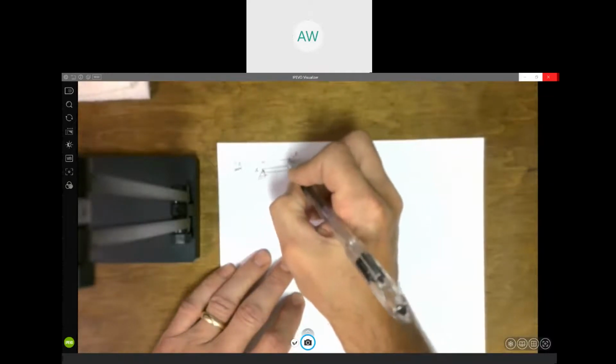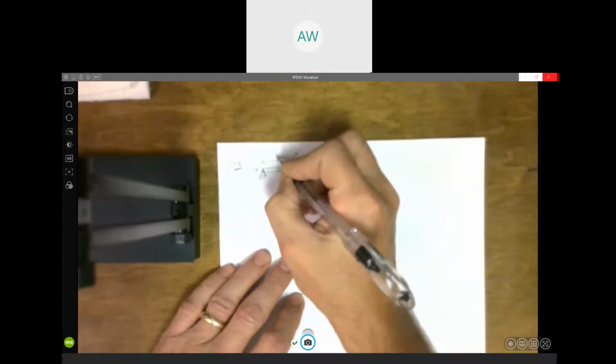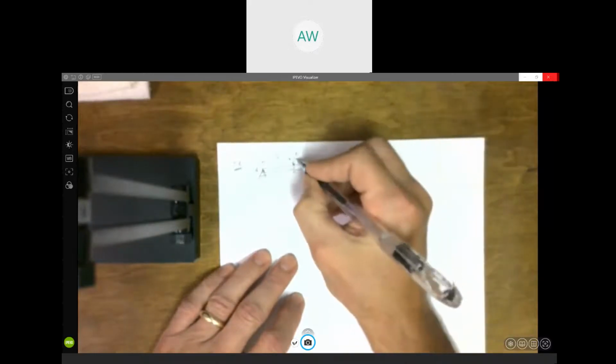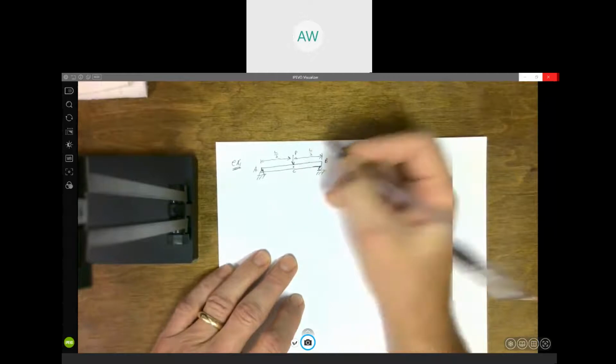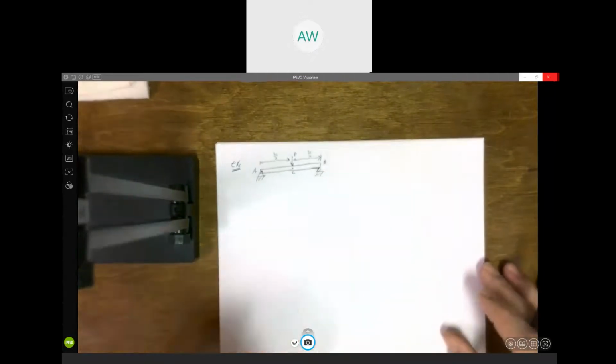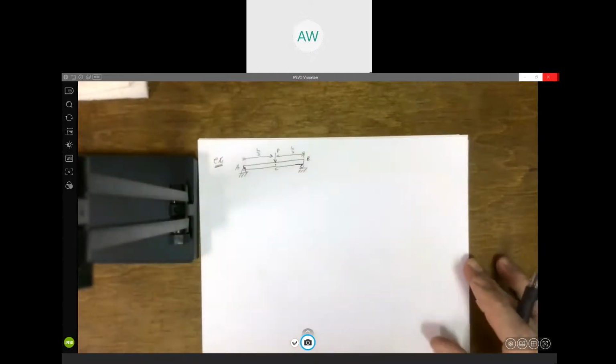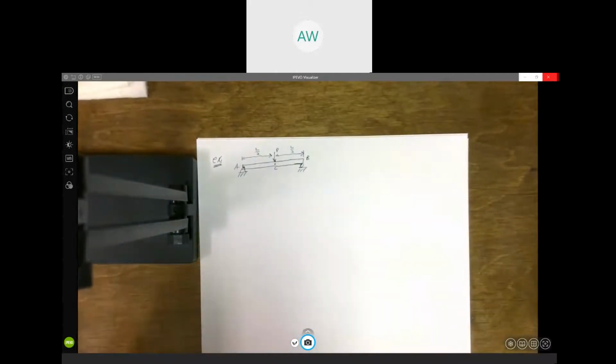This beam's got some length L. That would be L over 2, and this is L over 2. All right, so we got a nice, simple example of a simply supported beam.